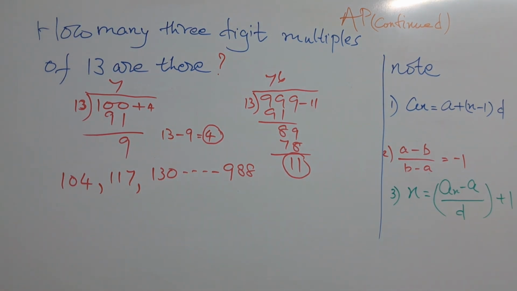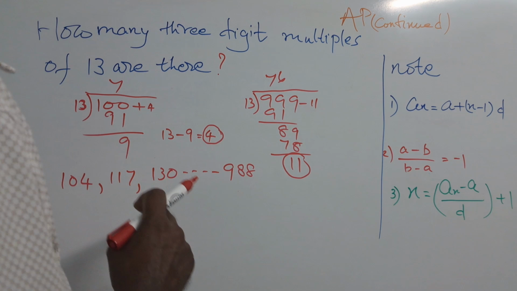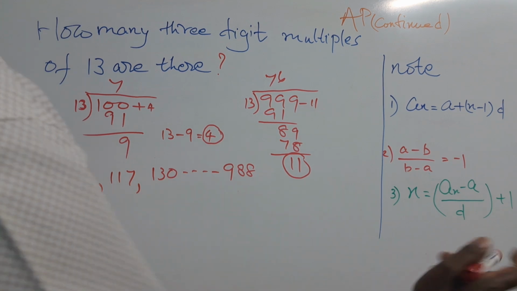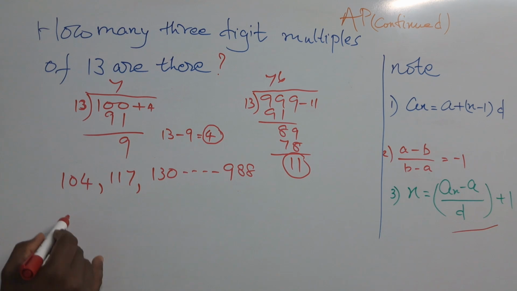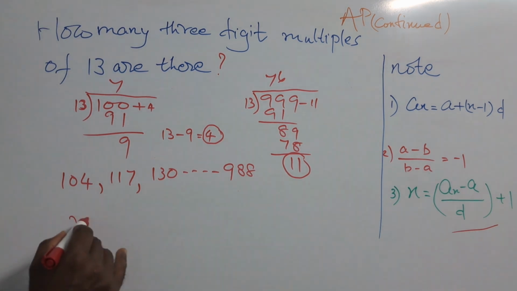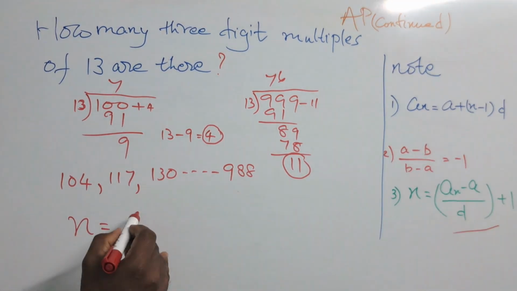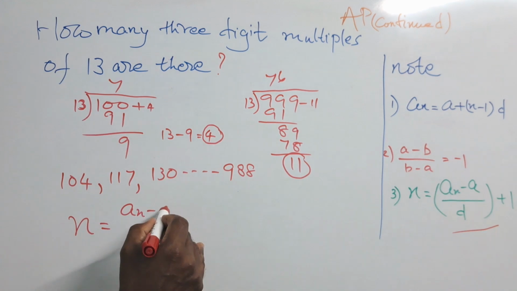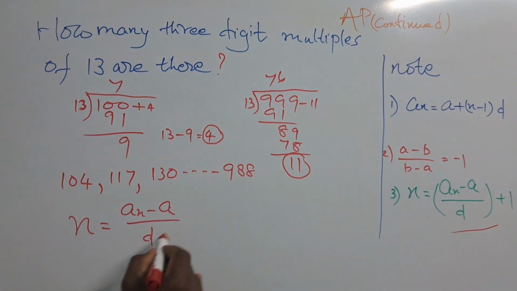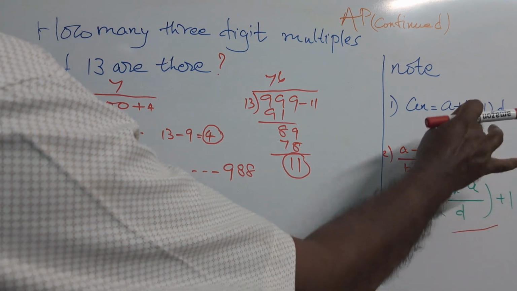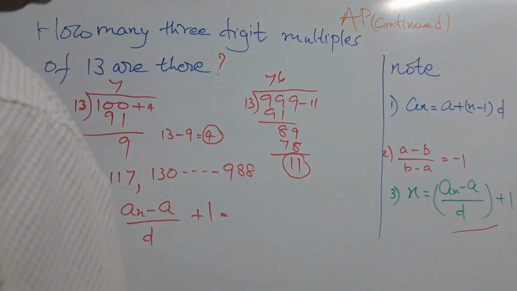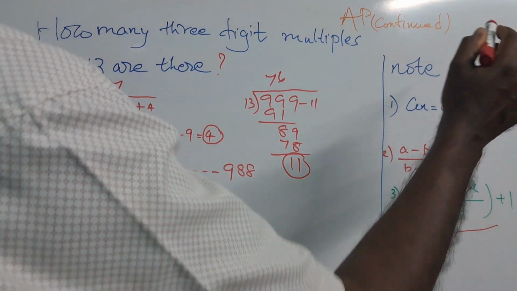Now you can easily find out the number of multiples of 13 by using this formula. N is equal to the number of multiples of 13. N is equal to (an minus a) by d plus 1. This shortcut formula is actually derived from this one: an is equal to a plus (n minus 1) into d.